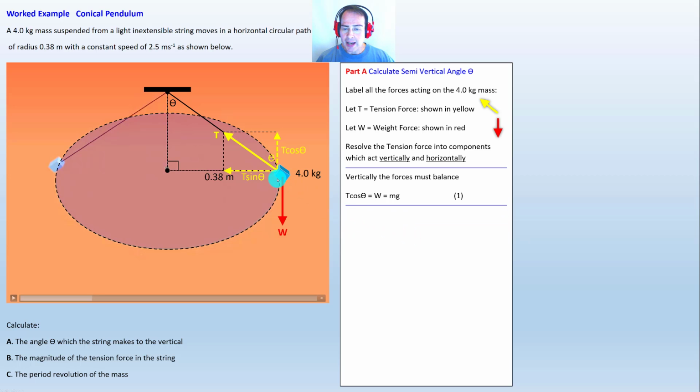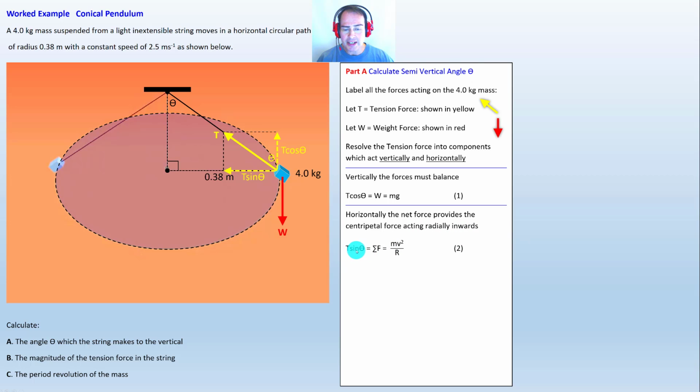So now let's look at the other component of tension, and it's the only part of the force that is not cancelled out. T cos theta balances the weight. They're cancelled out. So the only part of the force left is T sine theta, and therefore that must represent the net force. Horizontally, the net force provides the centripetal force, that is the center-seeking force needed to act radially inwards and cause the mass to travel in a circle.